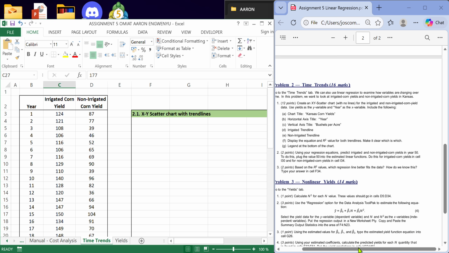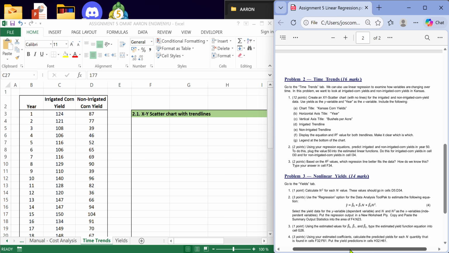Okay, and our first question is: go to the time trends tab. We can use a linear equation to examine how variables are changing over time. In this problem, we want to look at the irrigated and non-irrigated yields in corn.